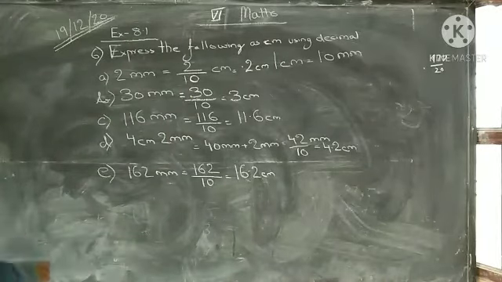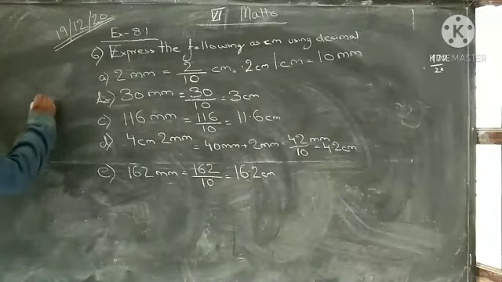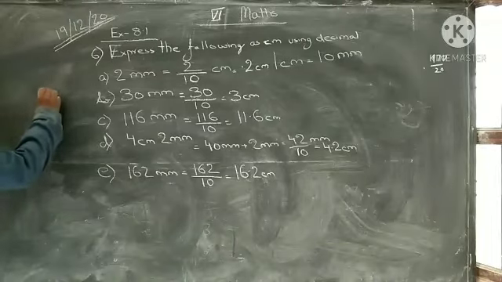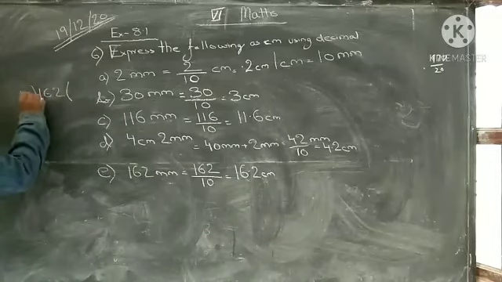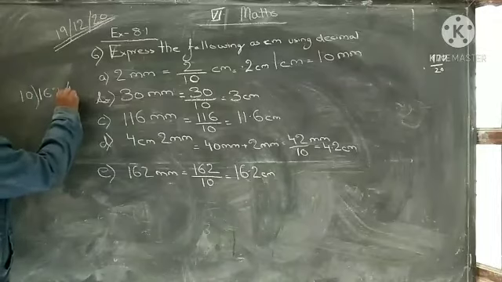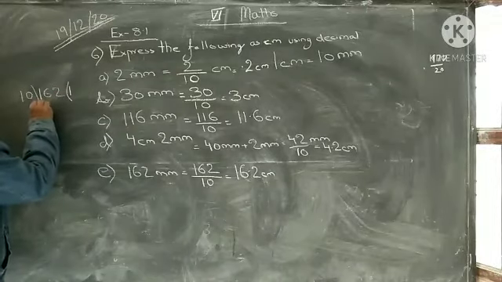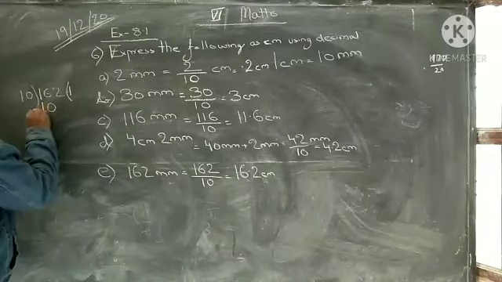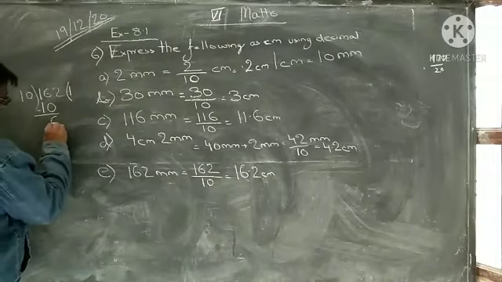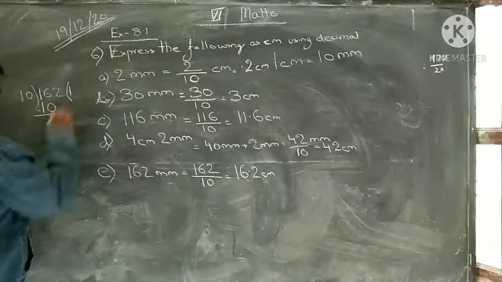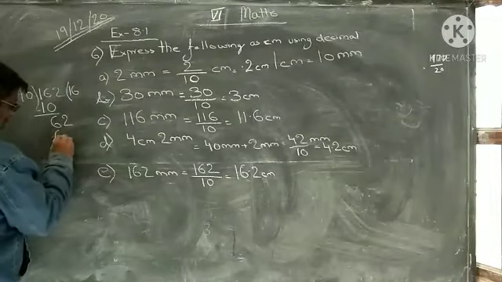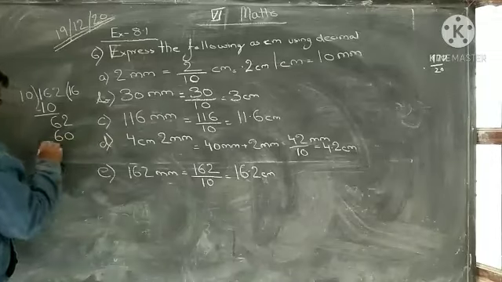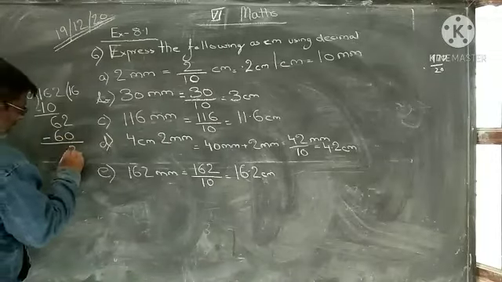Let's take this 162 over here, as I showed you yesterday. 10 goes 1 time in 16, so write 1 over here, bring down 10 minus 6, in 62 it comes as 6 times, so 60, remaining 2.